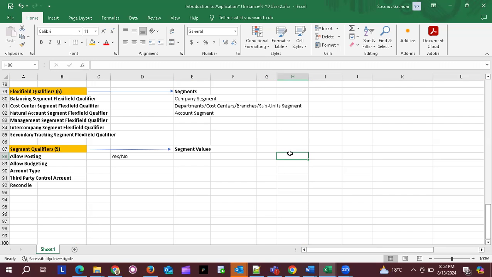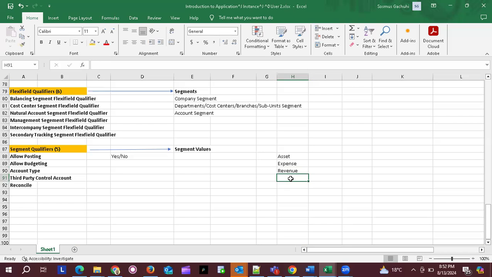I think asset account, expense account, income account, equity and liability account.